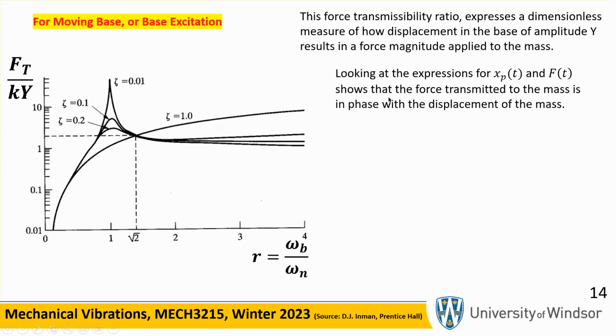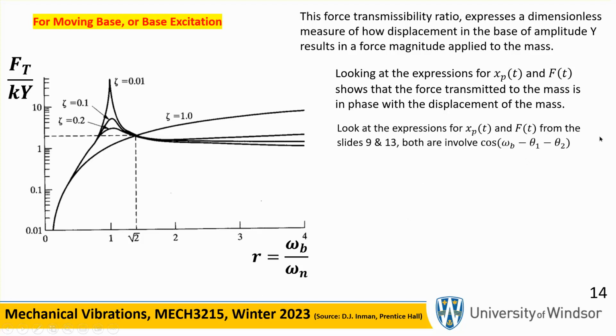So they are in phase because they both have the same cosine of the same angle. Yes, it's right there, slides 9 and 13. That's why I said I'm not going to go back. Both xp and Ft, as a function of time, both involve this. They are in phase.